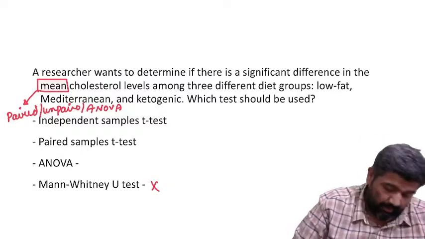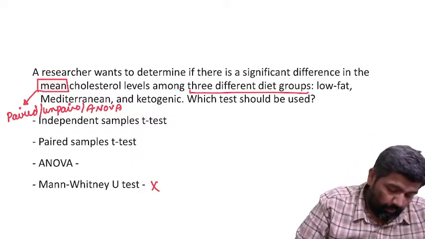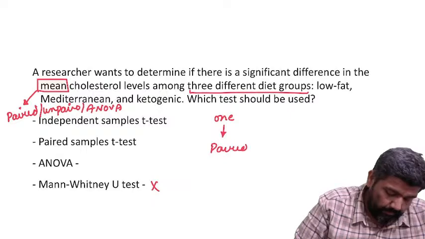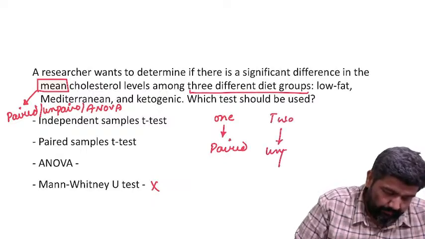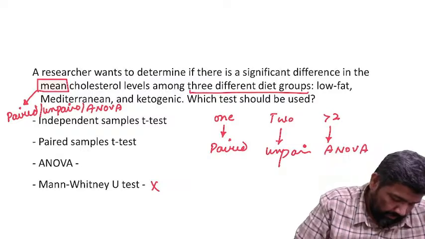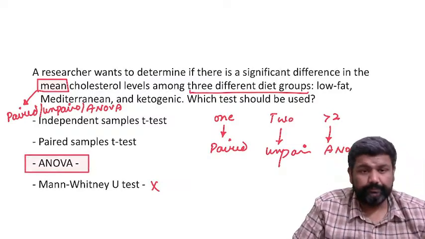And this is among 3 different groups. So whenever we have one group, we use paired. Whenever we have 2 groups, we use unpaired. And whenever we have more than 2, we use ANOVA. So here the correct answer is ANOVA.